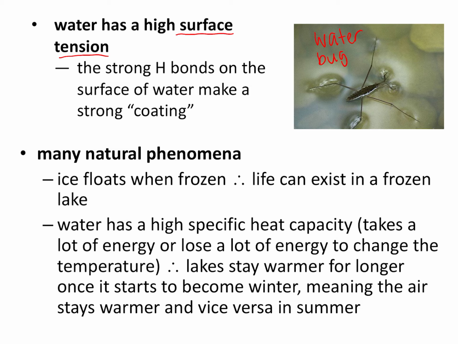And related to that is what's called a high specific heat capacity, which if you took physics, you should have talked about. We'll talk about it in grade 12. When you have a high specific heat capacity, a body of water has to lose a lot of energy to change the temperature.